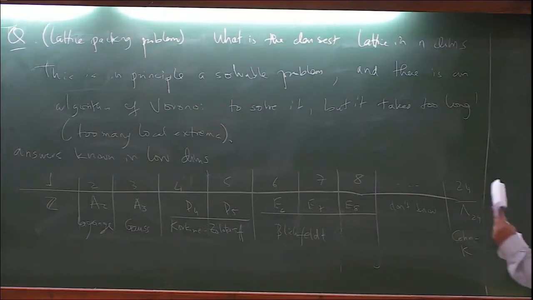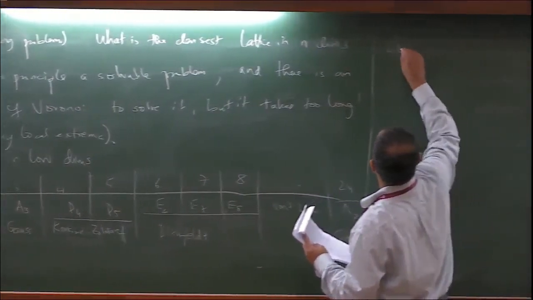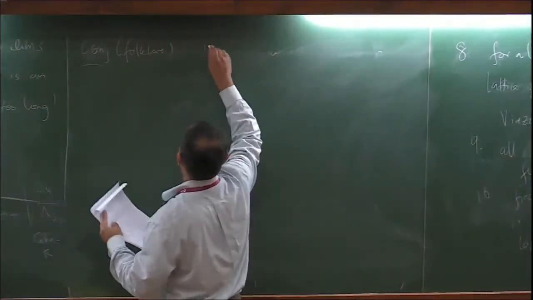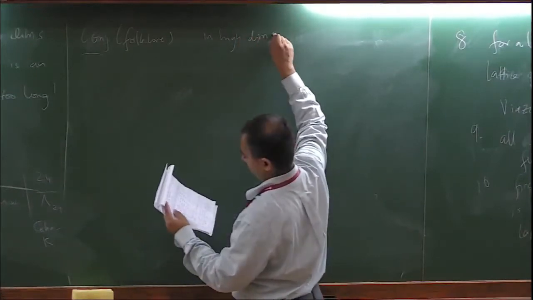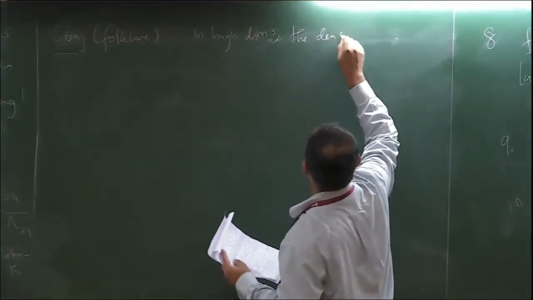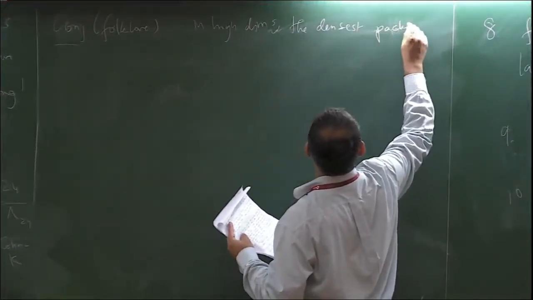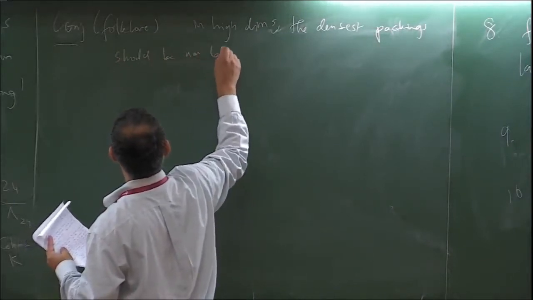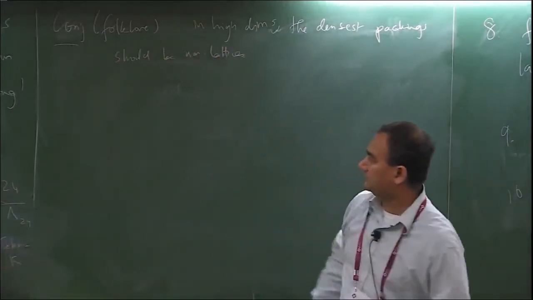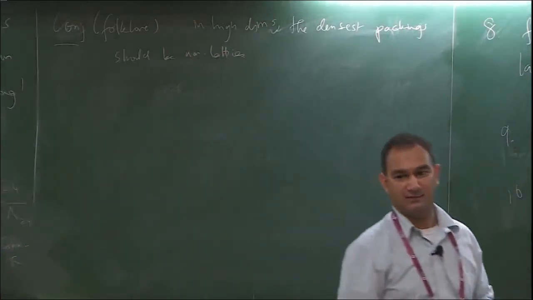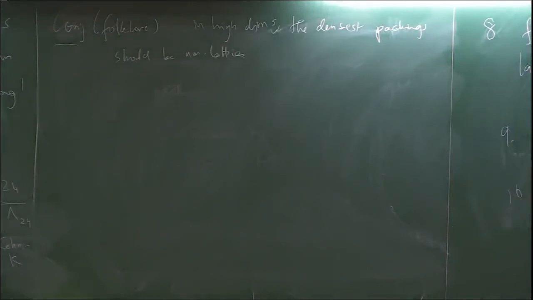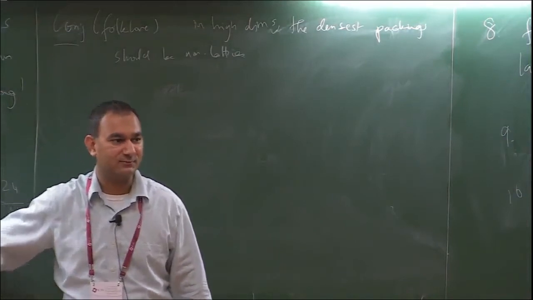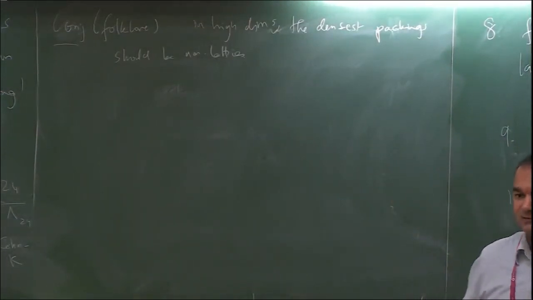So let me just repeat that the conjecture, which is just a folklore conjecture, is that in high dimensions, densest packings should be non-lattices. There's a group in Europe that's been running their algorithm, and they actually recovered another proof of the 8-dimensional theorem by enumerating all the extrema.